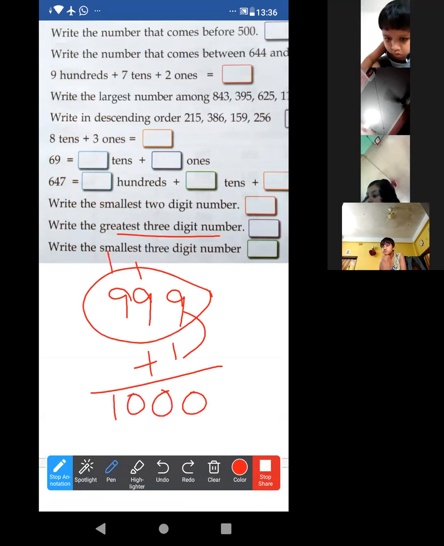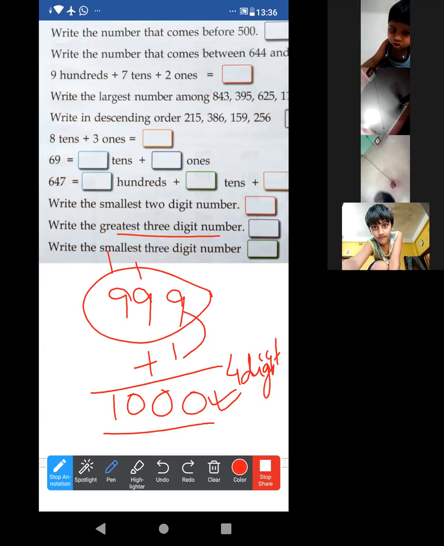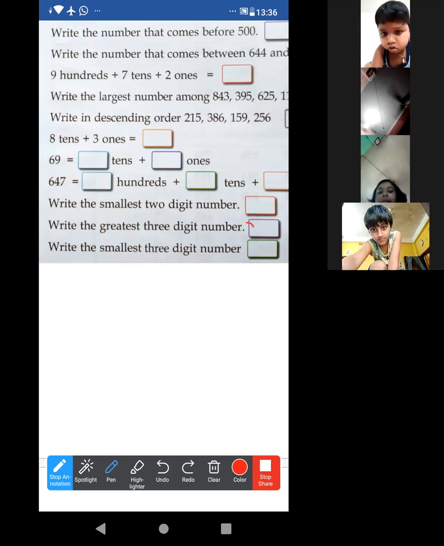So 1000. Very good. Achha, that means it is a 4-digit number, na? So we have to take the last 3-digit number. Now it is clear? Okay. So write over there 999.